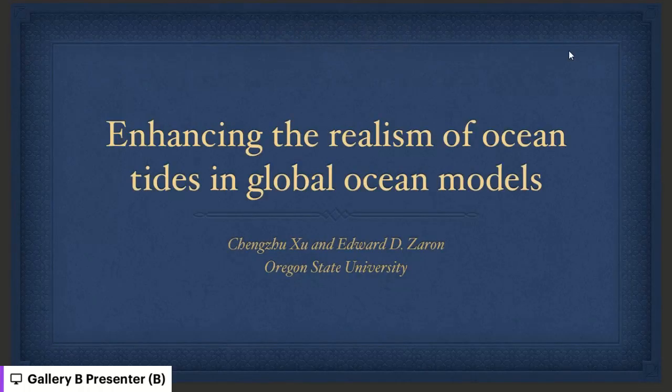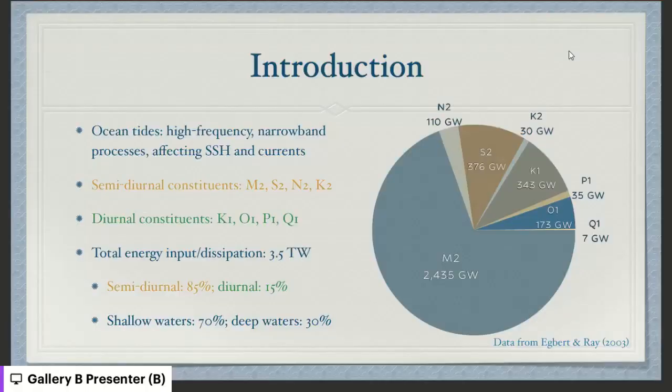Okay, thanks. So today I'm going to talk a little bit about tides from the global perspective. Tides are high frequency narrowband processes that affect the sea surface height and the ocean currents.